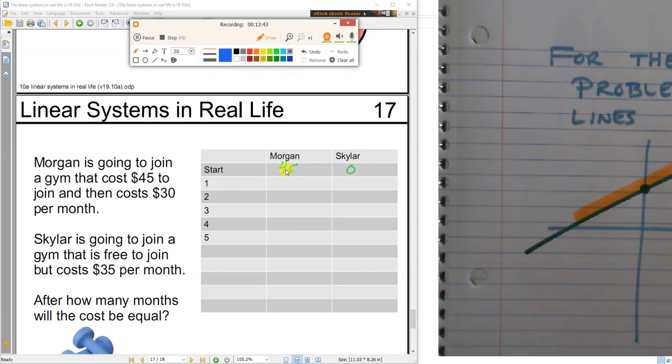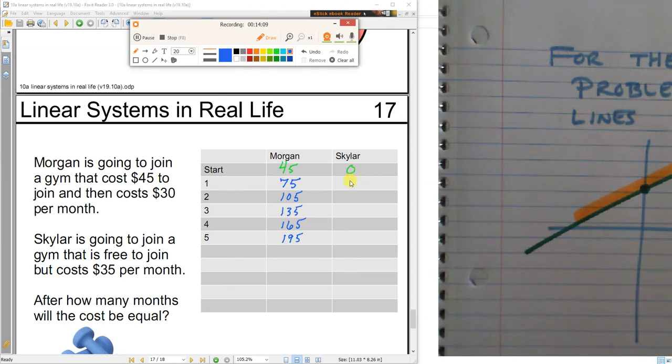And this one's going to be $30 a month, so 45 plus 30, 75. Plus 30, 105. Plus 30, 135. Plus 30, 165. Plus 30, 195.